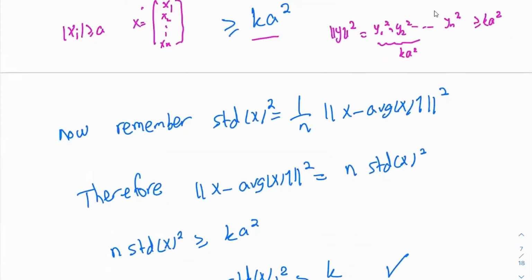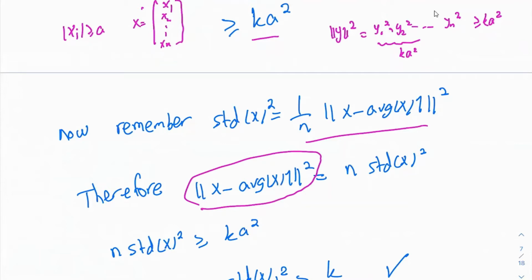Okay, now let's continue. Remember that we defined the standard deviation of x squared, or the variance of x, to be like this. That was the definition we had in the third video, and we just derived it in this video as well. Now this term has a meaning here. It is equal to n times the variance, or n times the standard deviation of x squared.